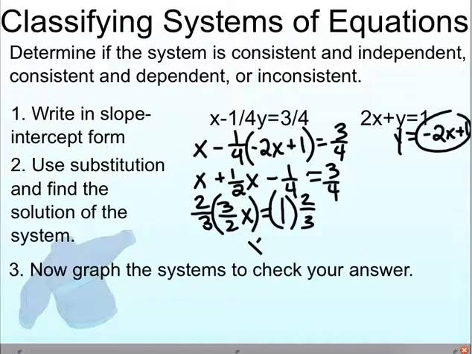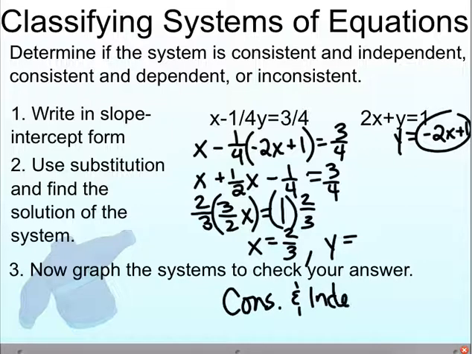Which means x is equal to 2/3, meaning if I have an x actually giving me a number, that means that I am going to get a y value once I plug it back in, and I have a consistent and independent system because we will actually have an intersection point when I graph these lines.